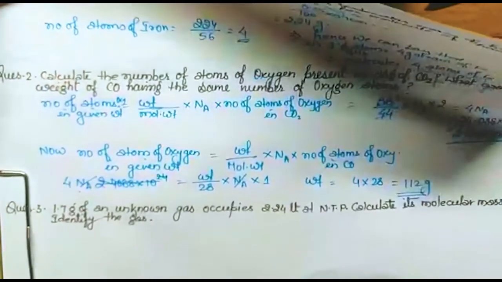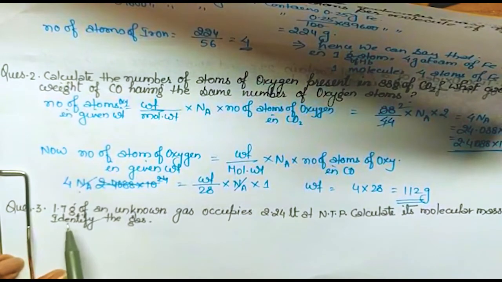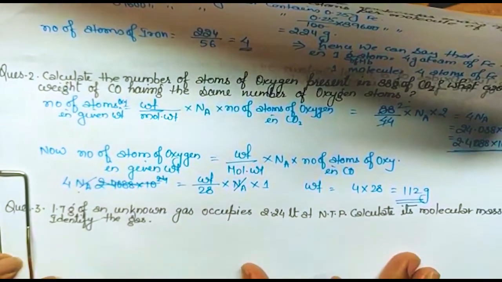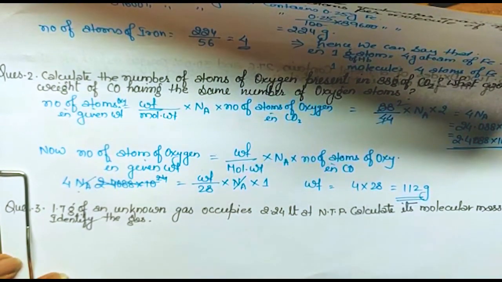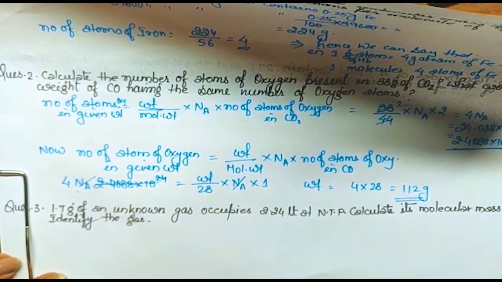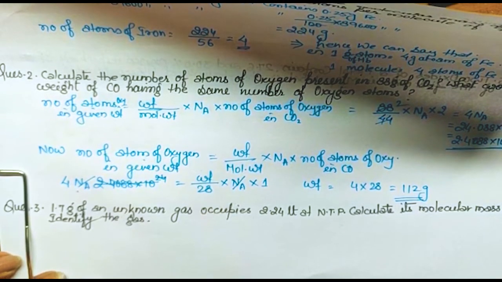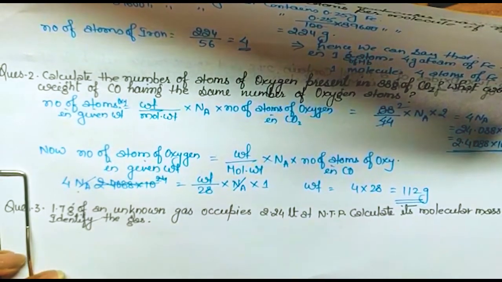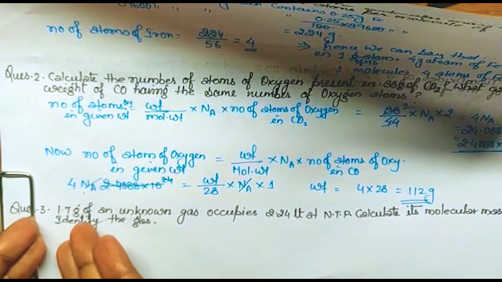Question number 3 says: 1.7 gram of an unknown gas occupies 2.24 liter at NTP. Calculate its molecular mass, identify the gas. Are you getting what it is saying? We have to find the molecular mass.